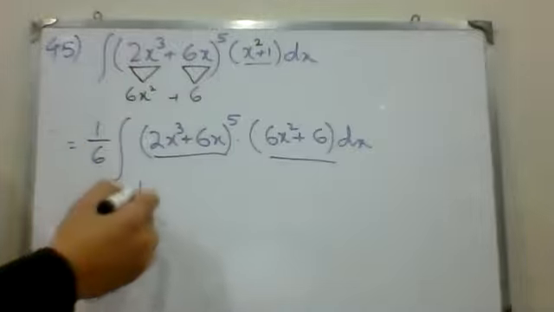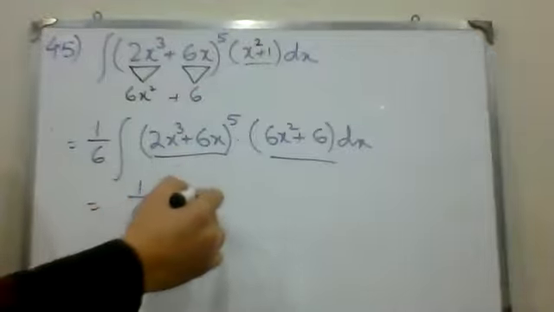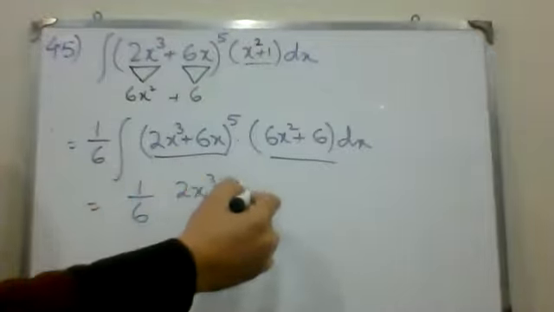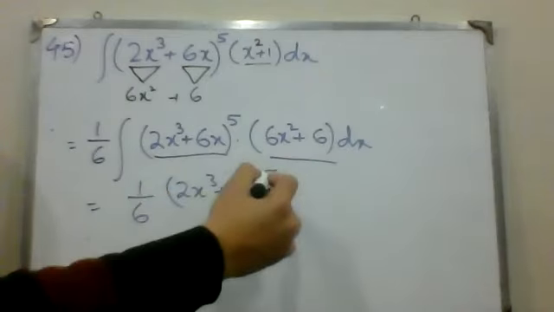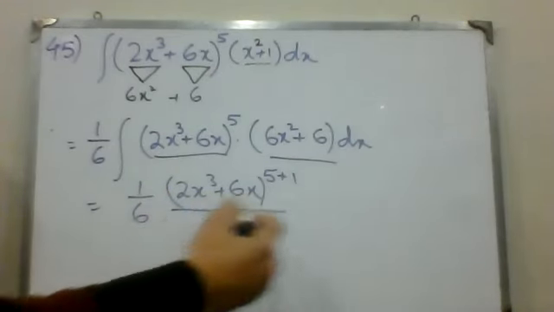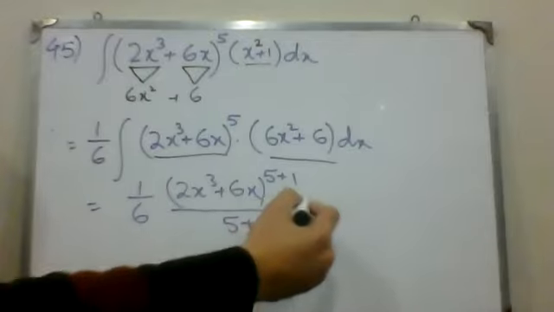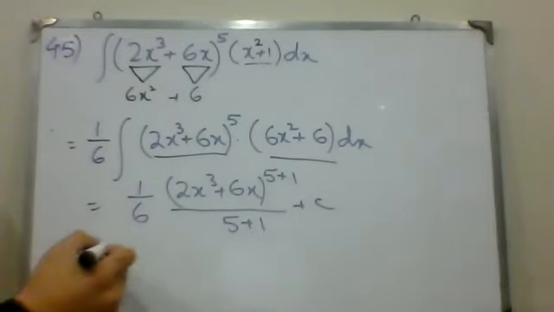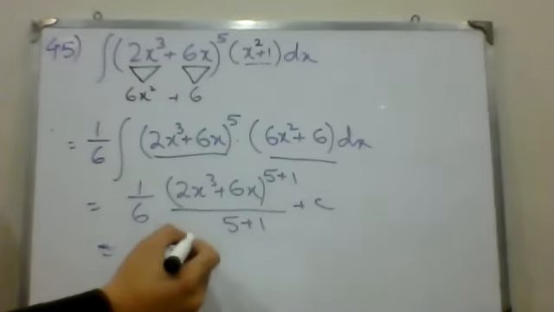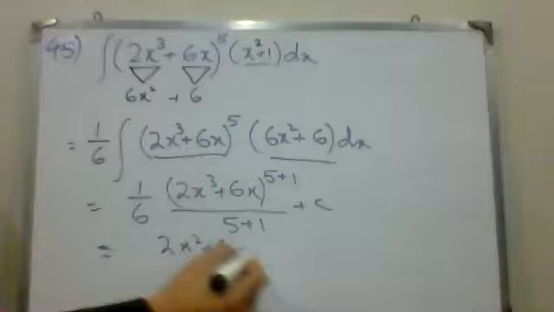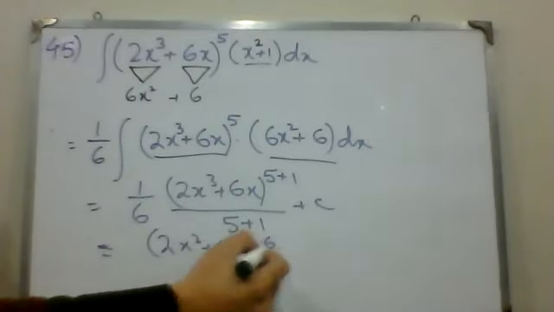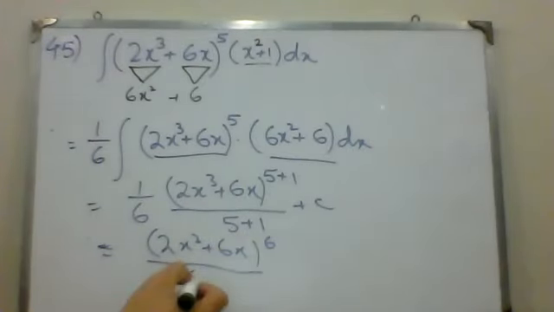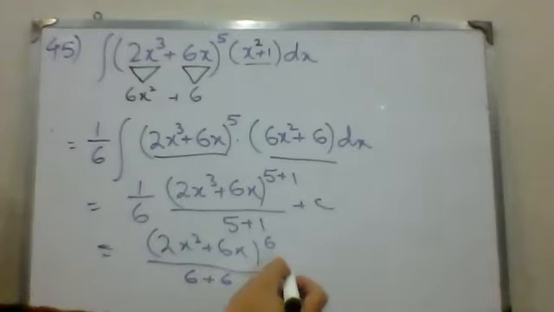So here 1 by 6, 2x to the power 3 plus 6x whole power 5 plus 1 divided by 5 plus 1 plus c. Okay, so 2x to the power 3 plus 6x whole power 6 divided by 6 plus 6 plus c.